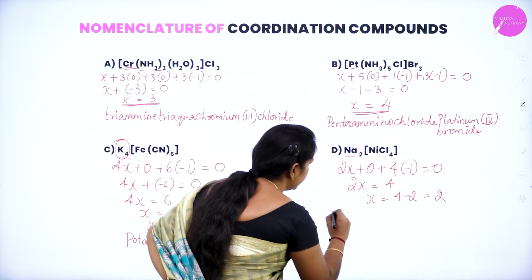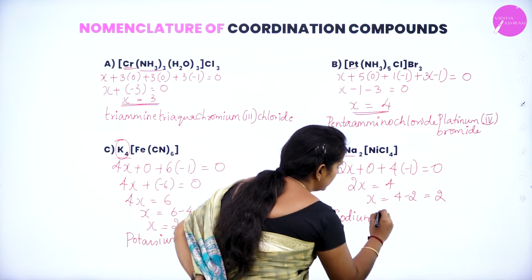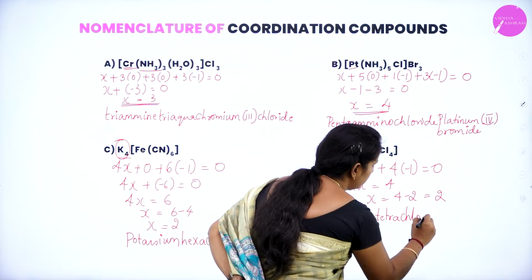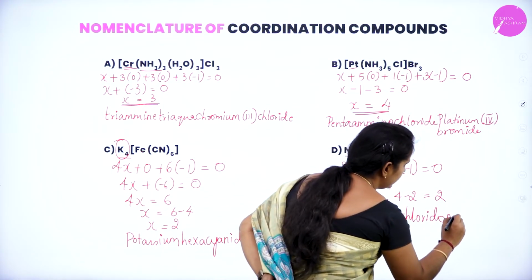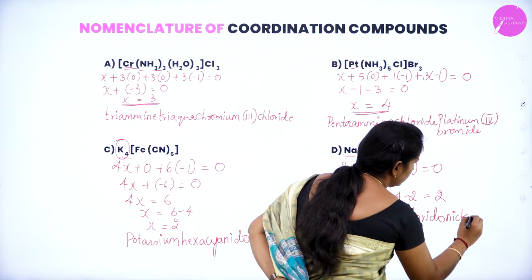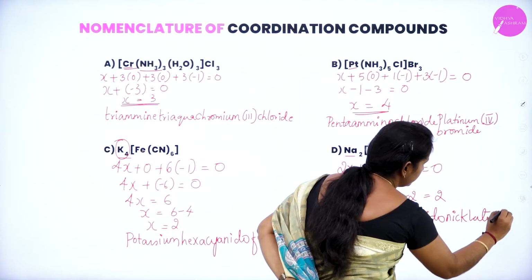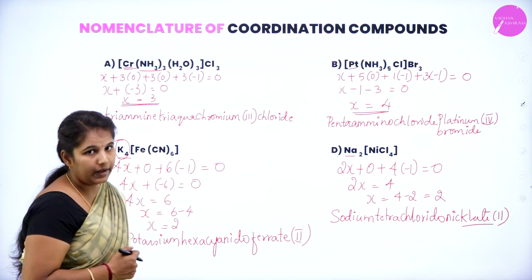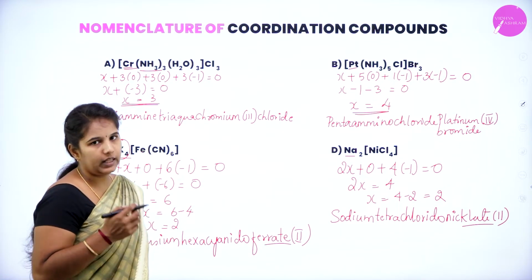And it is represented as sodium tetrachlorido nickelate 2. You can see that while naming this anionic complex, it should always end with ate.